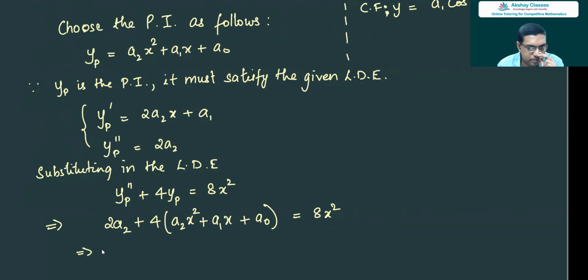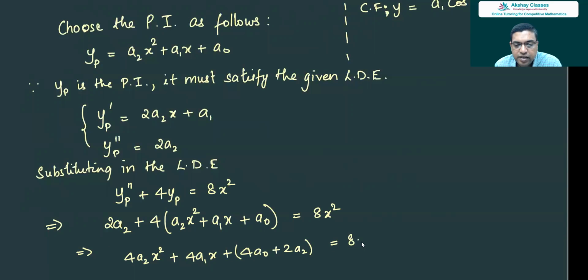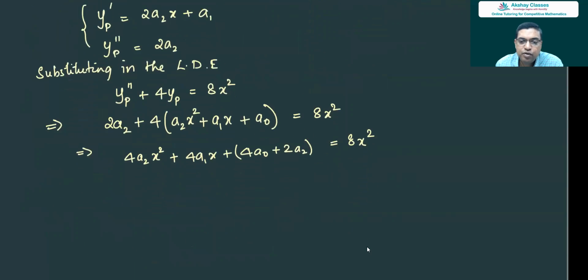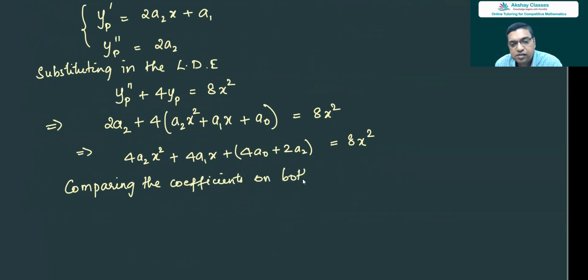So now let us equate. We get 4a2x square plus 4a1x plus 4a naught plus 2a2 is equal to 8x square. Comparing the coefficients on both sides, we get 4a2 is equal to 8, which implies a2 is equal to 2.